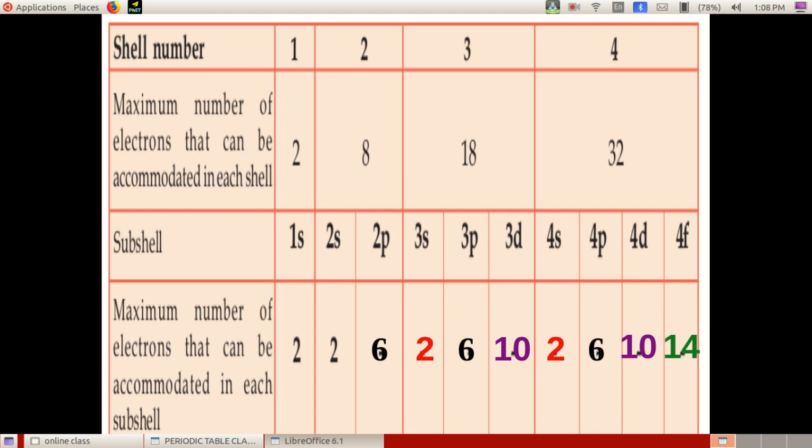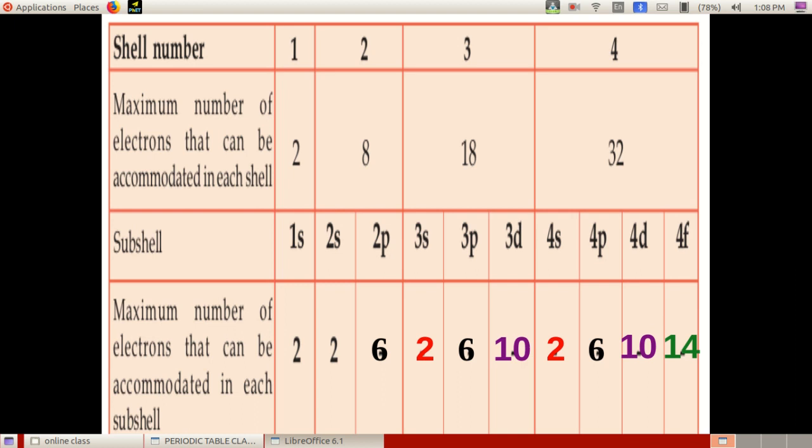In shell number 4, maximum number of electrons is 32. It has 4 subshells, 4s, 4p, 4d and 4f. 4s can accommodate 2 electrons, 4p 6 electrons, 4d 10 electrons, 4f 14 electrons.